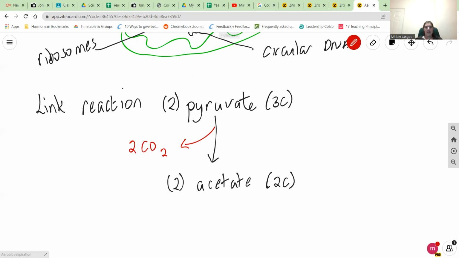In addition to this, this process involves the loss also of hydrogens, and therefore you will produce more reduced NADs. Now, I'm not going to worry about the exact quantities of reduced NADs. It's not crucially important for what we're doing. It's just the principle that we are producing reduced NADs.